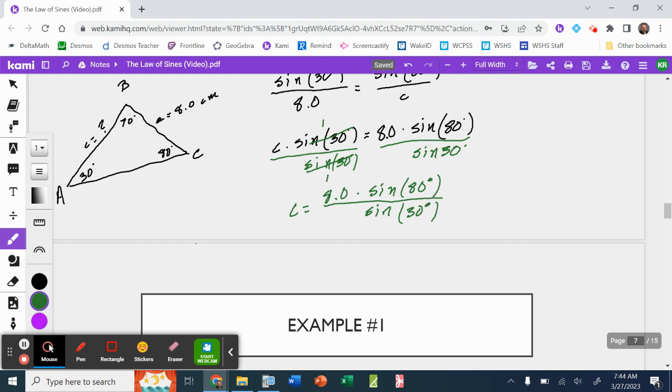And at this point, once I have an equation and I have the thing that I want to solve, I'll go ahead and go to my calculator.